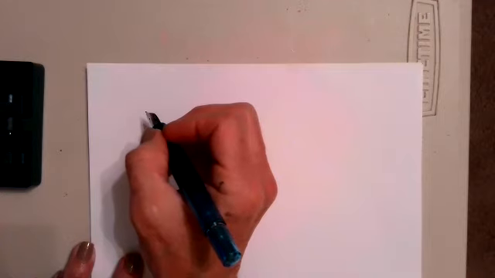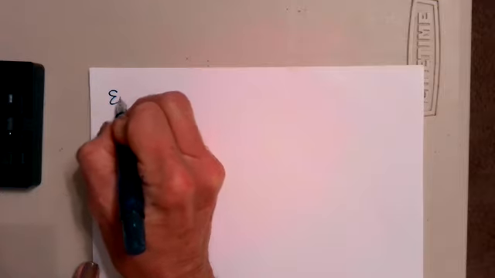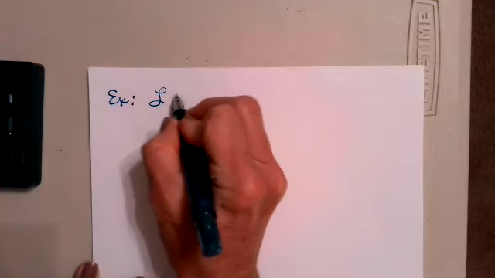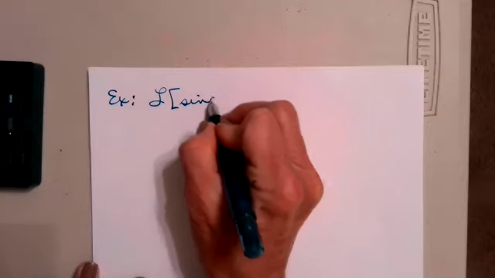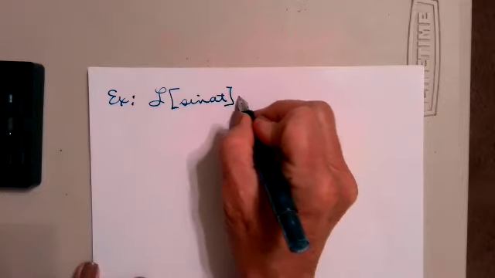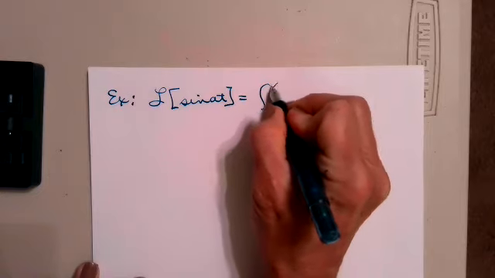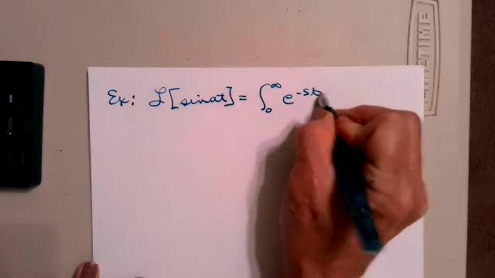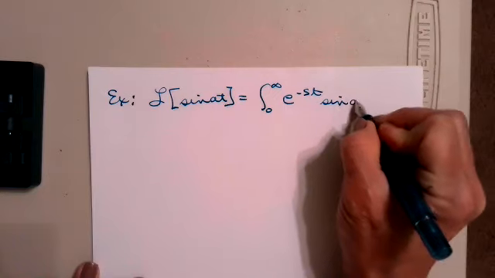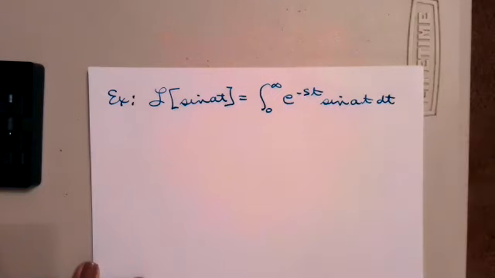All right, so let's compute a Laplace transform. Suppose we want to compute the Laplace transform of sine at. So what is that? That's going to be the integral from 0 to infinity of e to the minus st times sine at dt.